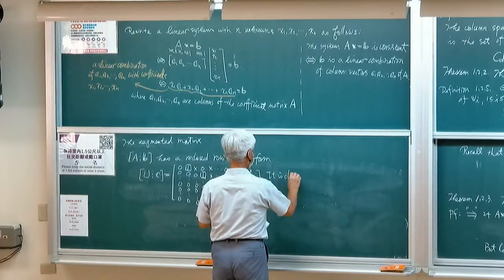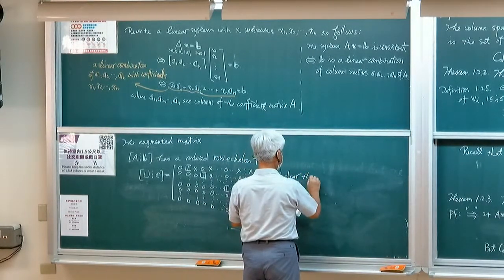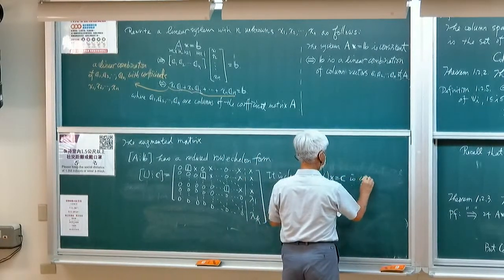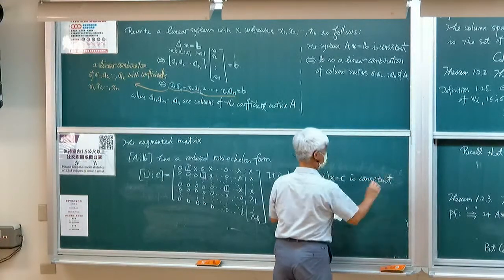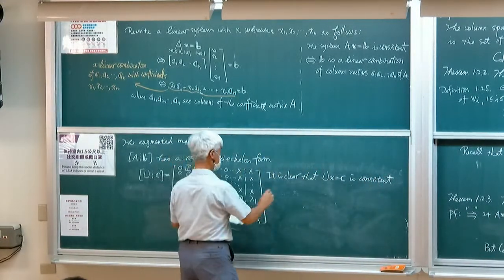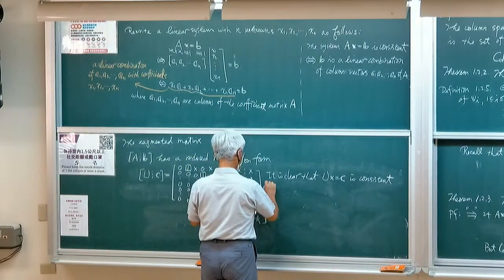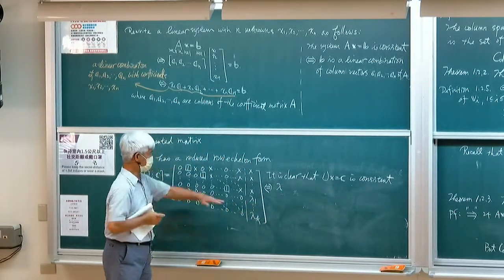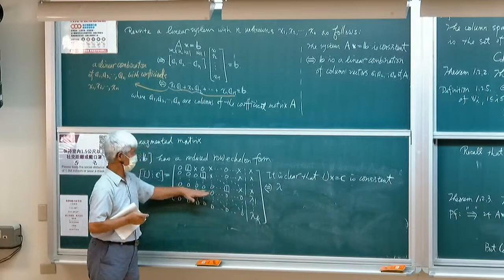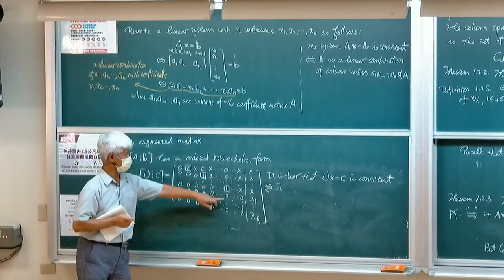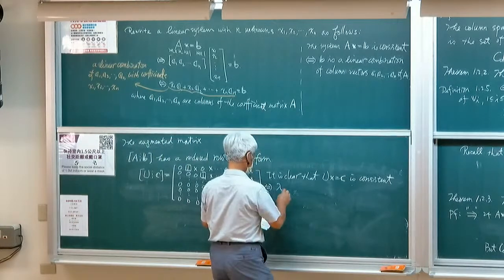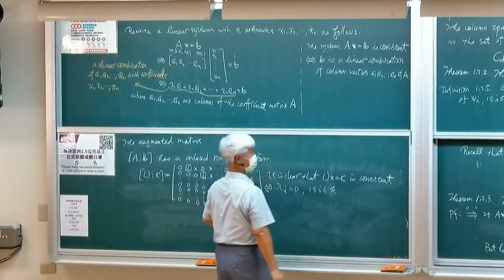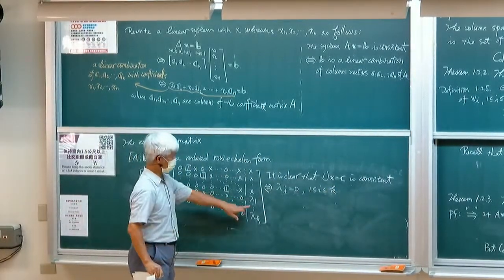So it is clear that Ux equal to C is consistent, meaning it has at least one solution, if and only if the lambda i's, because they correspond to zeros in the coefficient matrix, are all zero.